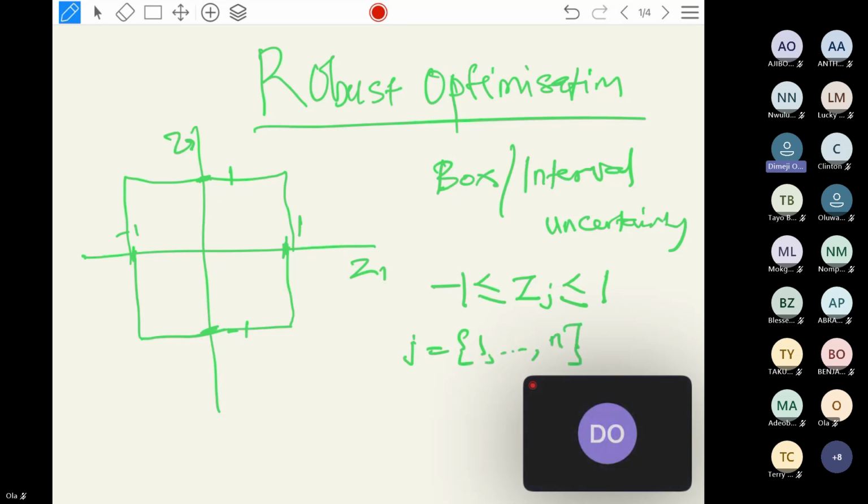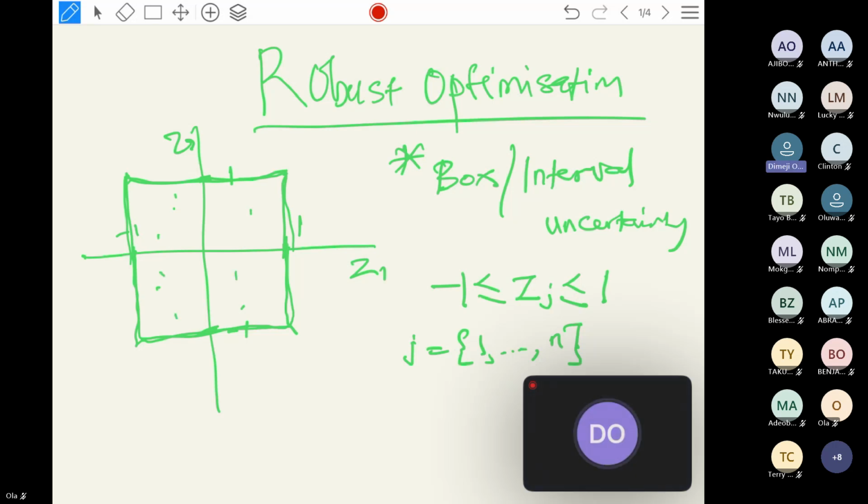So it means that if you use this kind of uncertainty set type, whatever uncertainty value that you use within this box, the solution is going to capture it.